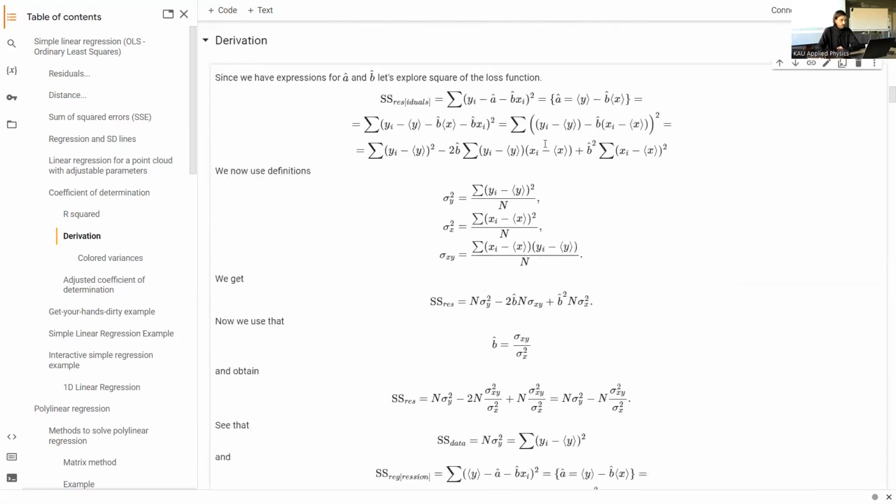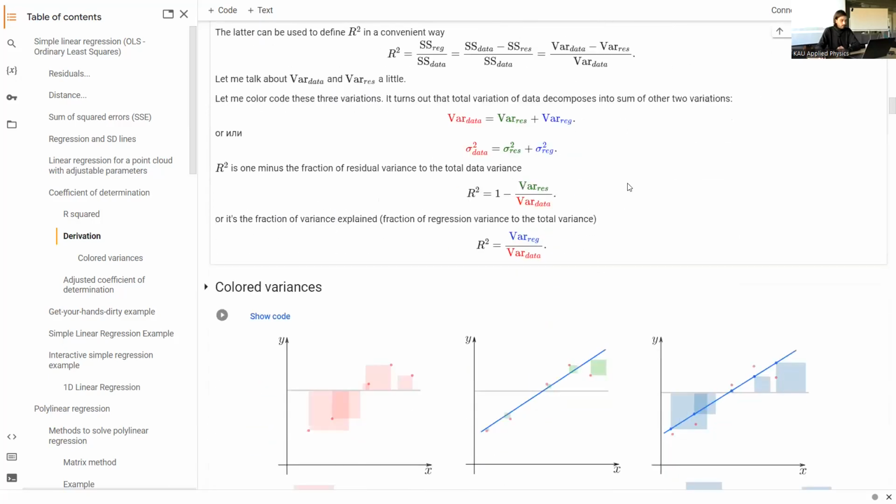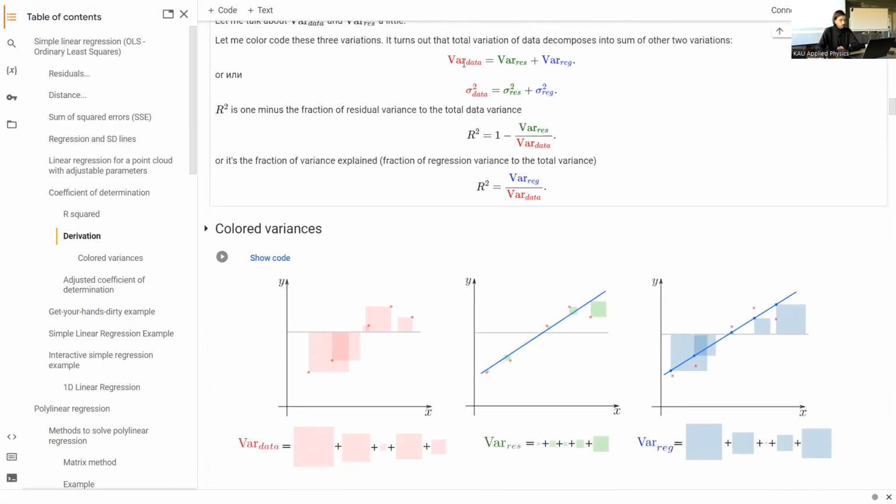It's not so complicated, it's just a little bit tedious to get that, but hopefully you will believe me that this is the case. You can describe these variations with this equation: variation of data equals variation of residues plus variation of regression.